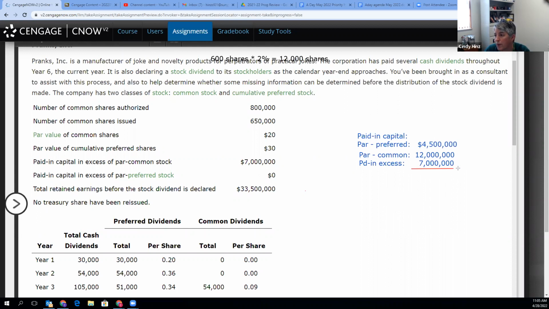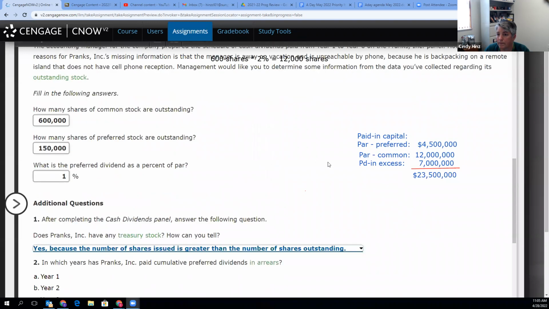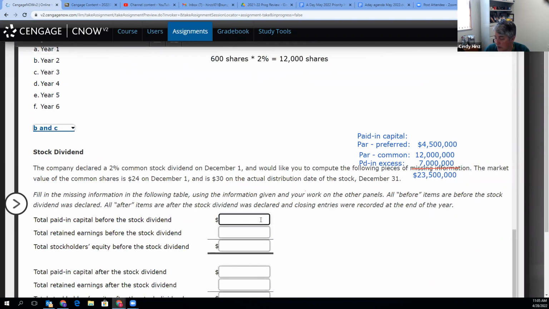So let's total those up. And I got 23,500,000. So this is a little awkward because normally we think of that treasury stock as a separate line item.